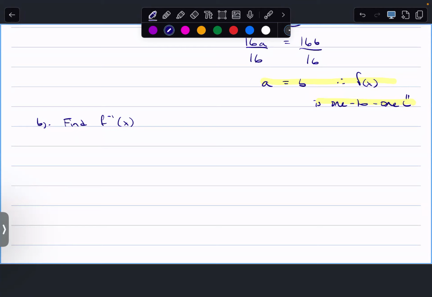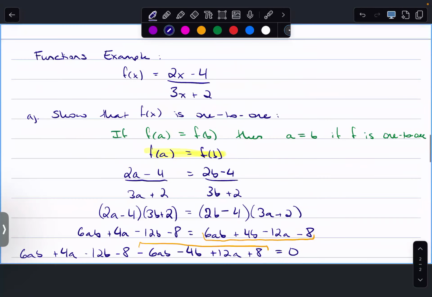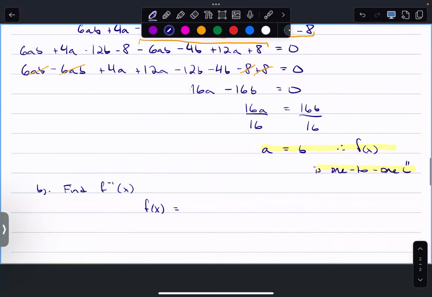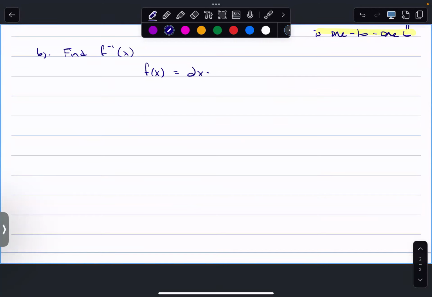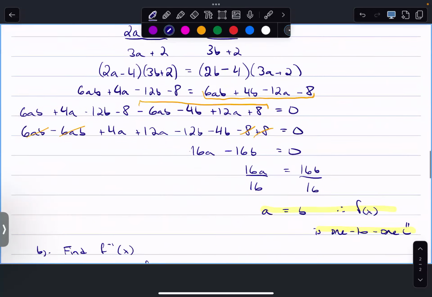So let's start with the original function, 2x minus 4 over 3x plus 2. Let me just confirm.